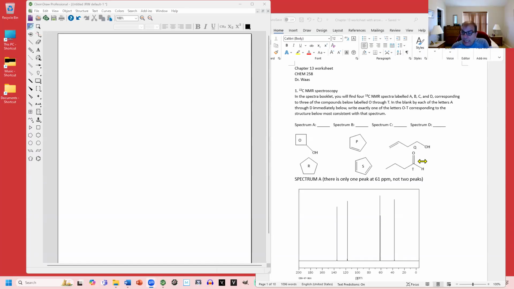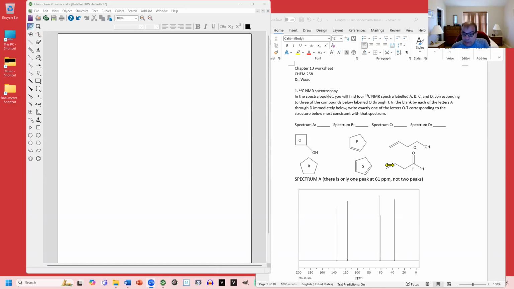What about Q and T? Q has 4 carbons in it, and they're all different, aren't they? This CH2 is connected to the OH. This one is not. This carbon is vinylic and there's a hydrogen attached. This carbon's vinylic and there's 2 hydrogens attached. So they're all 4 different. So indeed, we would expect 4 peaks for compound Q. What about compound T?